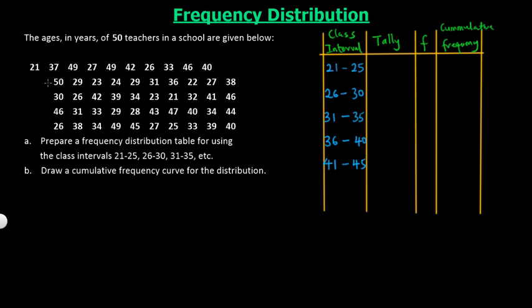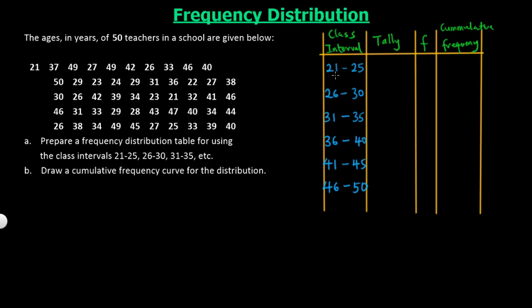Since 50 is the highest score, the last is 46 to 50. That is the class interval. Remember, here is the lower class limit and here is the upper class limit. So we are now going to look for this.